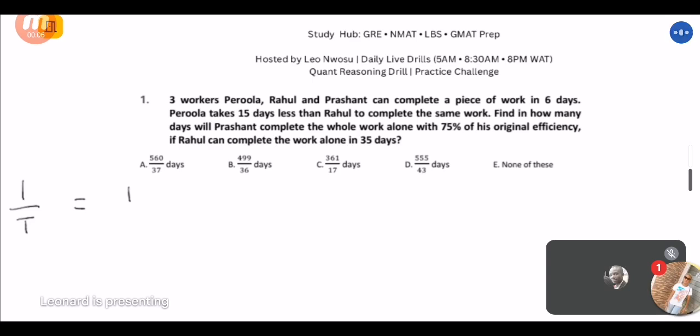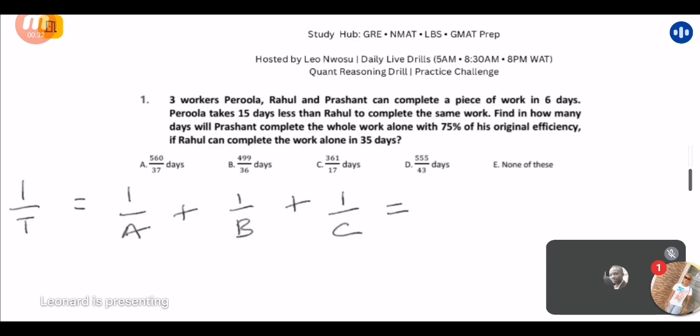What we are looking at is using this formula to solve this question. This is 1 over a plus 1 over b plus 1 over c. What we know so far, if you read this question, is that there are three workers.